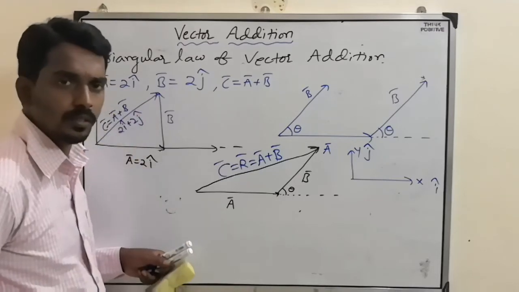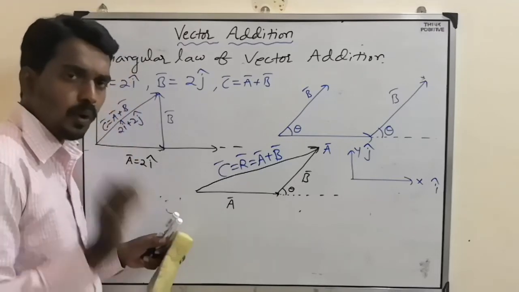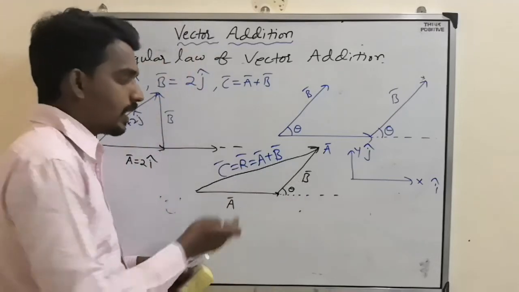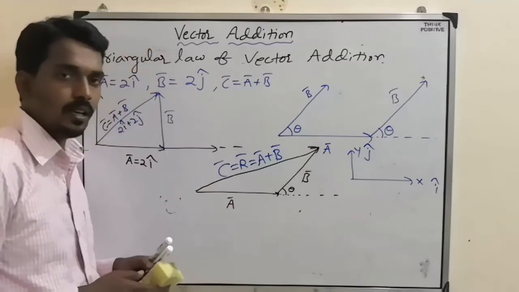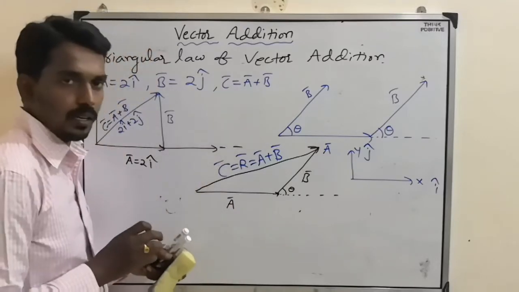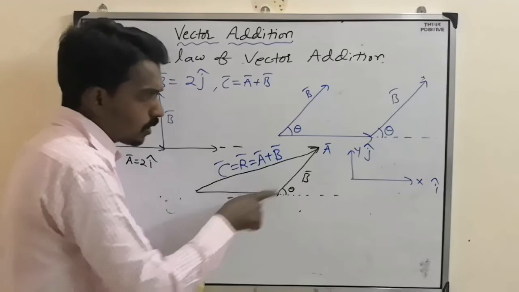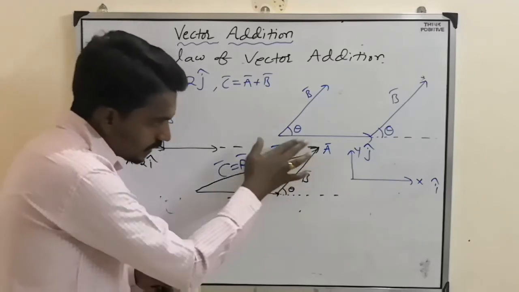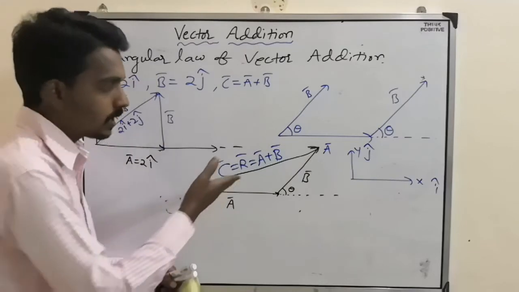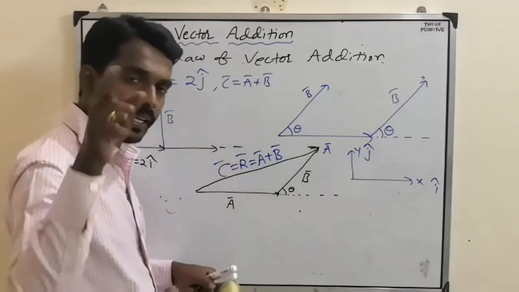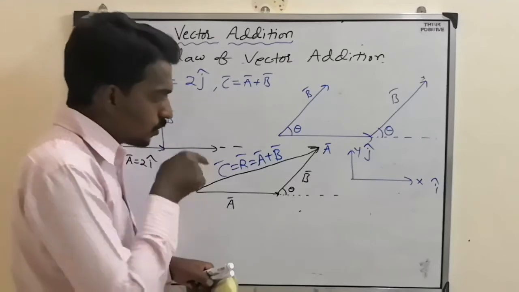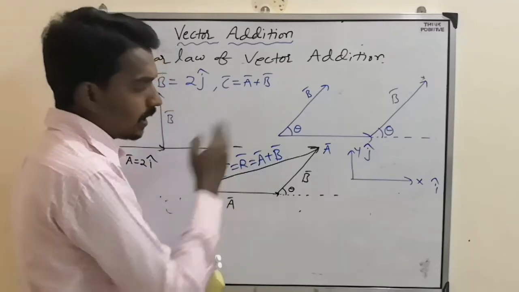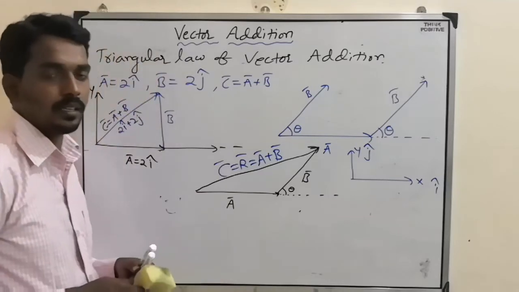True. So this way, if you have two vectors, you can find the direction of the resultant using this principle, where when you draw two vectors and their resultant, you get a shape, nothing but a triangle. You are finding the addition of vectors using a triangle shape. That's why it is called the triangular law of vector addition.